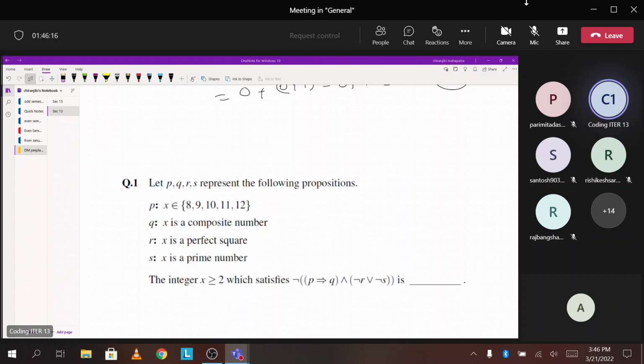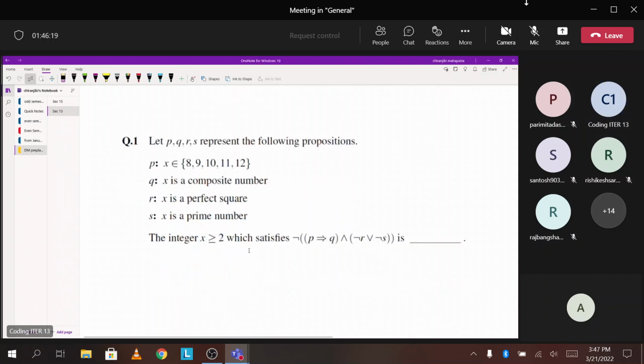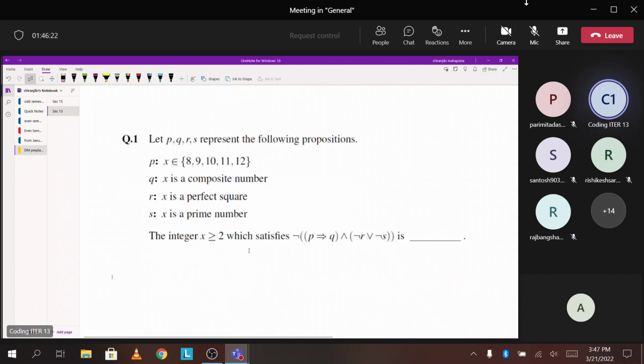Okay, anyone try to solve it? कुछ भी पार्ट सॉल्व किए हो इसका?